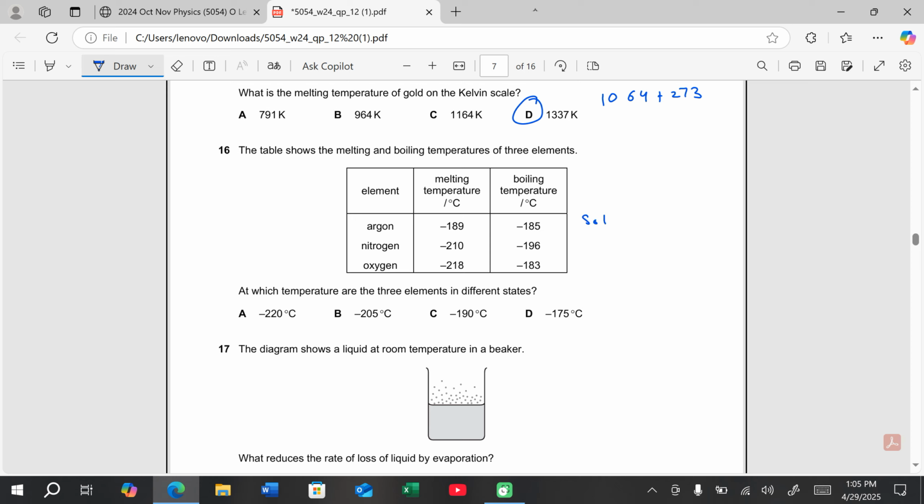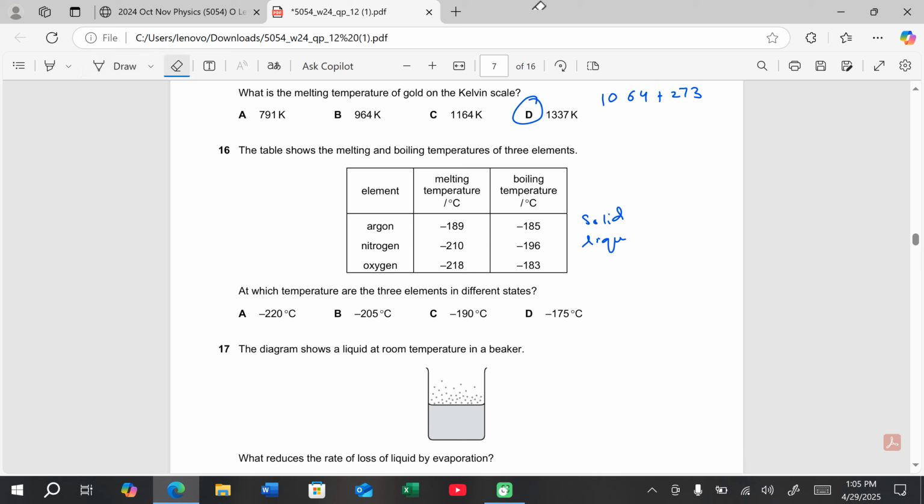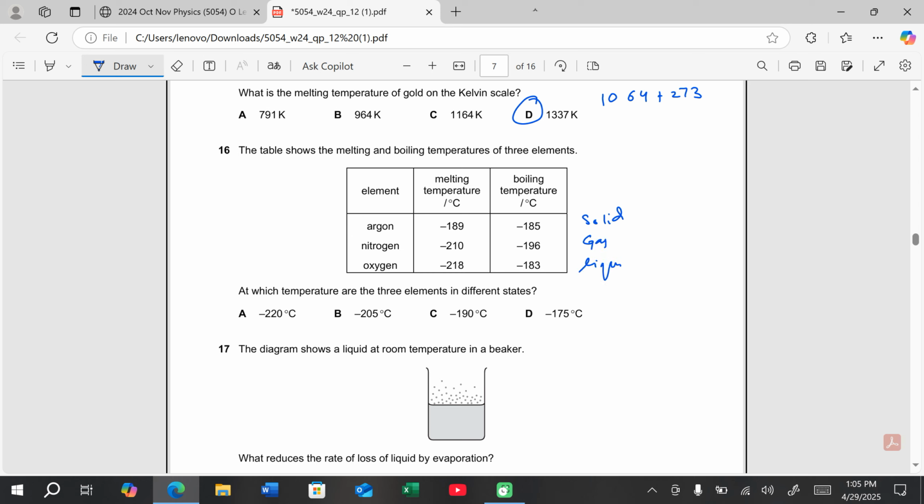This is solid, this is liquid. No, that's gas, sorry, that is gas, because minus 196 is smaller than minus 190, so that's gas.